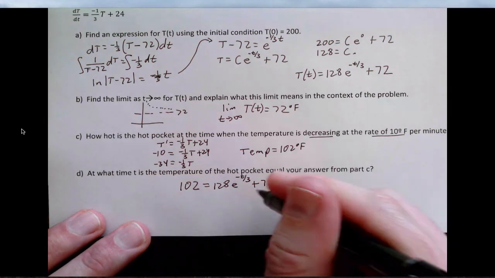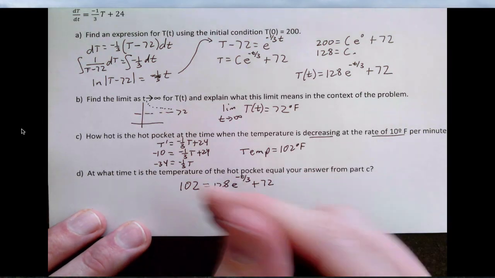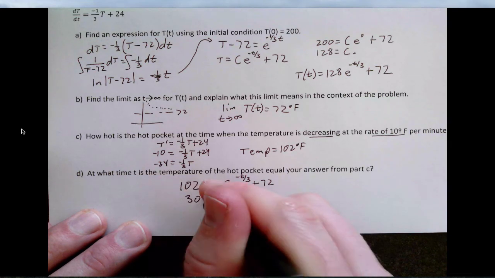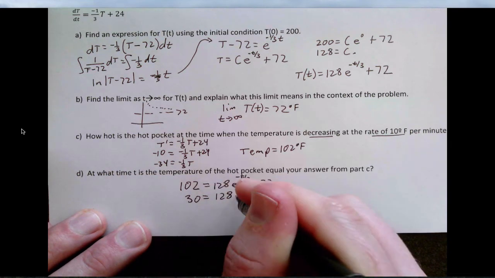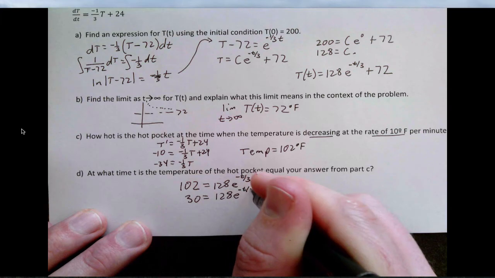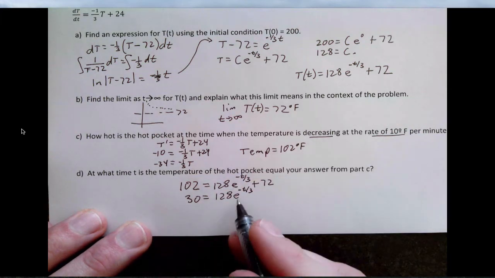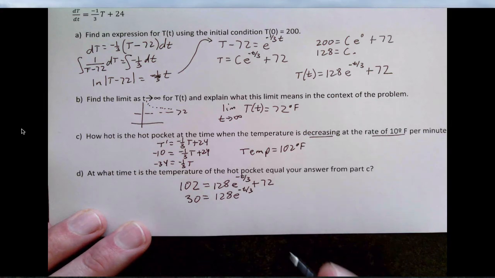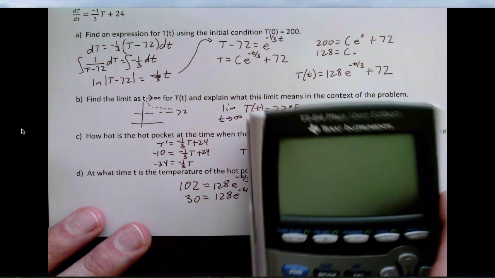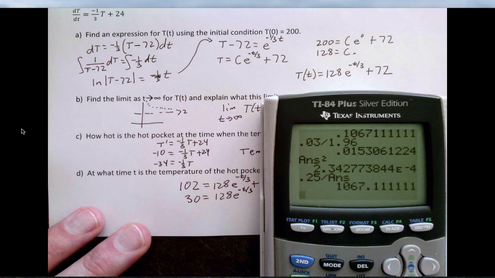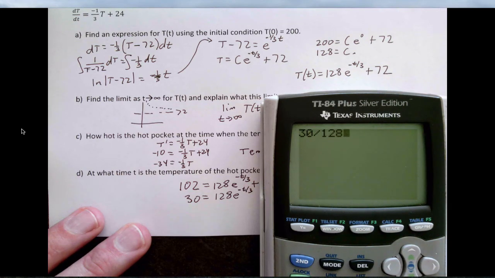I'm going to subtract the 72 over to the other side. When I do that, I will have 30. Now I'll divide by the 128, my goal being to isolate the e so I can natural log it, so I want to get this 128 over to the other side as well. When I take 30 and divide by 128, I'm going to have 0.234.